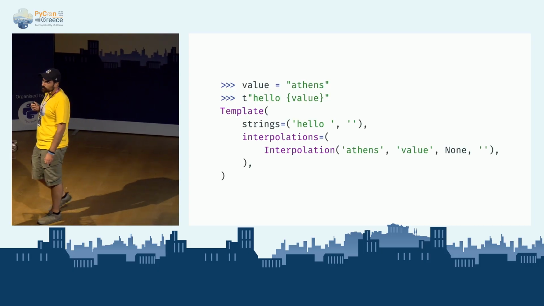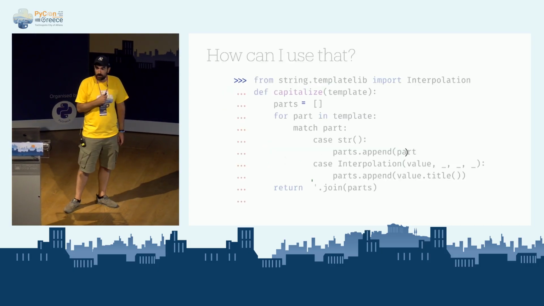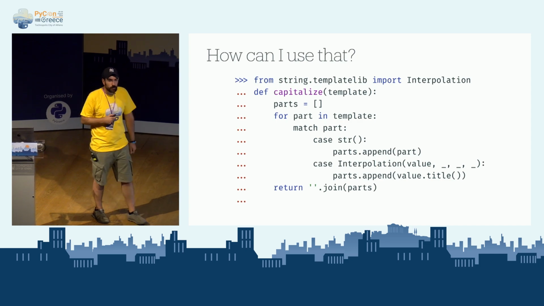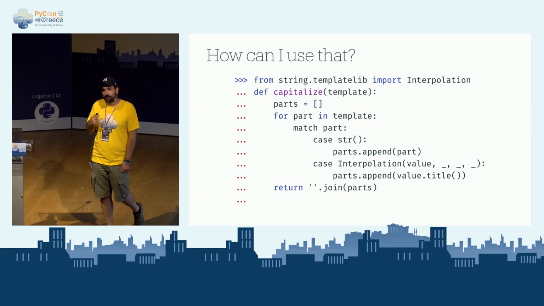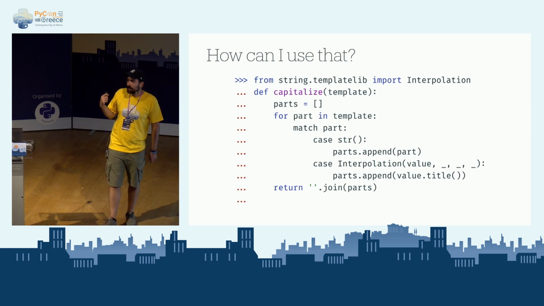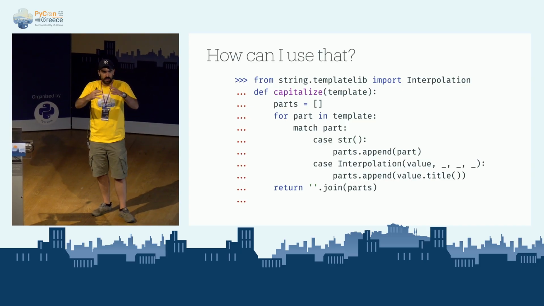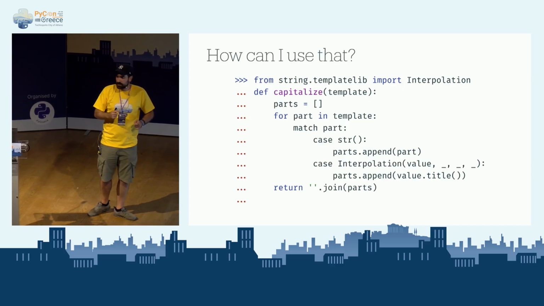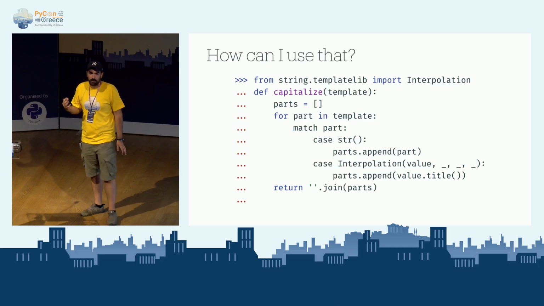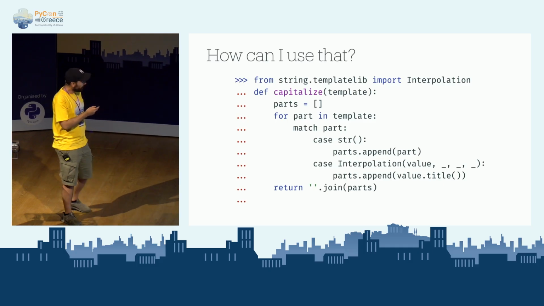You can do crazy stuff like, for example, write a utility called capitalize. What capitalize does is take the values, the things you're interpolating inside the curly braces, and capitalize those words.